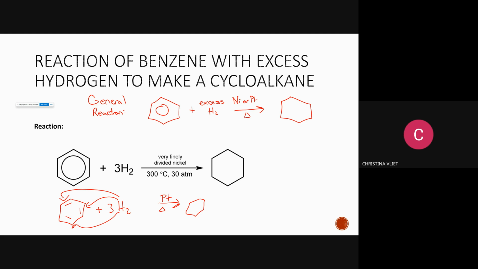Is it a substitution? No, this is an addition. Type is addition, because you're adding to the double bond. And this is one of the only reactions, like I said, that alkenes and benzene do the same thing, because alkenes and benzene usually don't do the same thing. But for hydrogenation, it works with both. So you can make benzene into a standard cyclohexane this way.